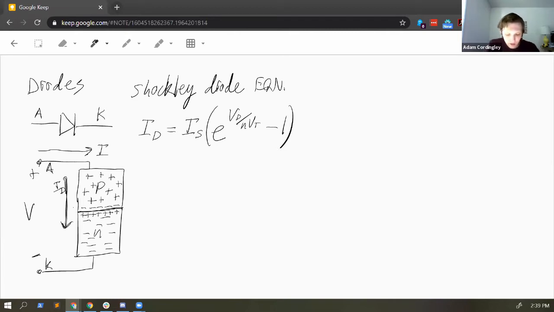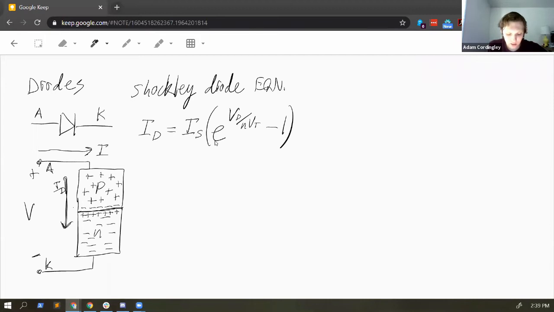What we're interested in here is the relationship between the diode current, I_D, and the diode voltage, V_D. Everything else here you can effectively consider to be a constant.